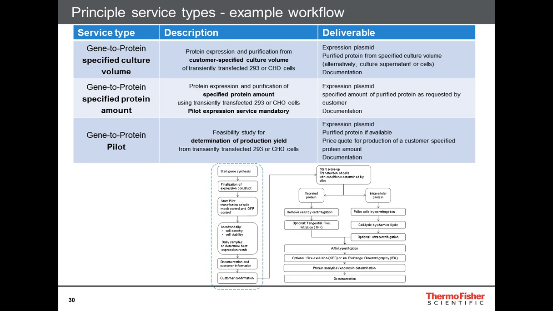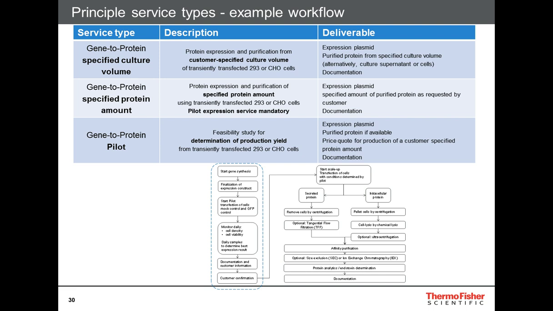And what does a service look like? There are different kinds of requests from customers, and we have shaped our services around these different needs. So if you need a protein to be synthesized, we need from you an amino acid sequence electronically or an accession number, and that's basically it.